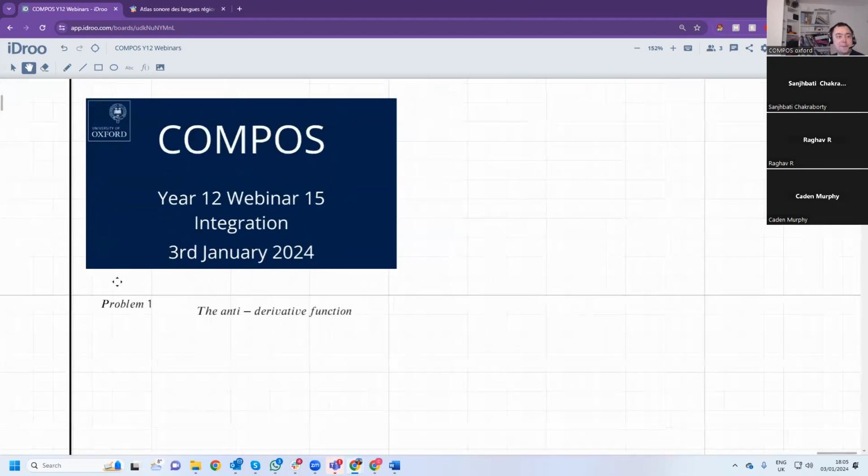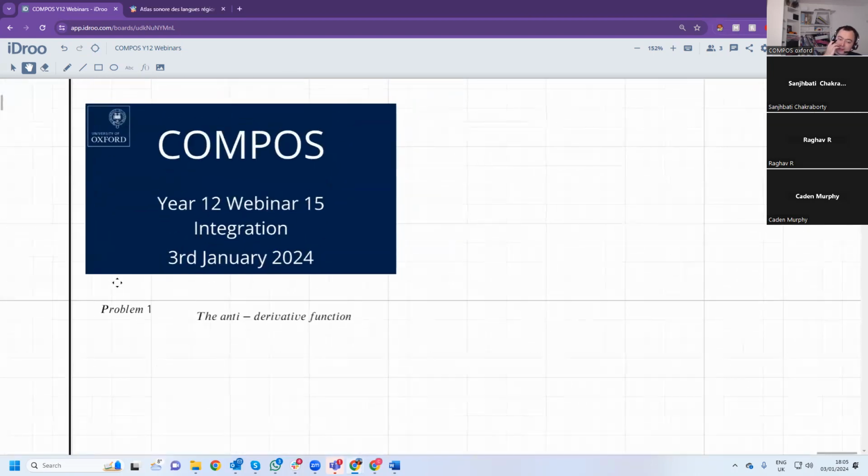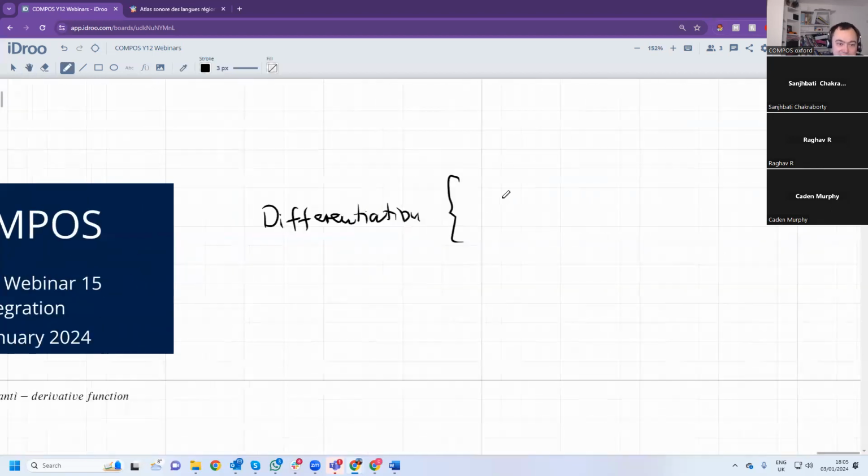If you do differentiation, you can learn differentiation in an hour. Because for differentiation you need to know the basic derivatives. You need to know the chain rule.